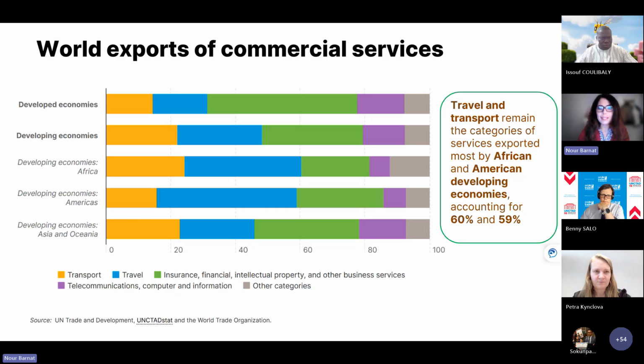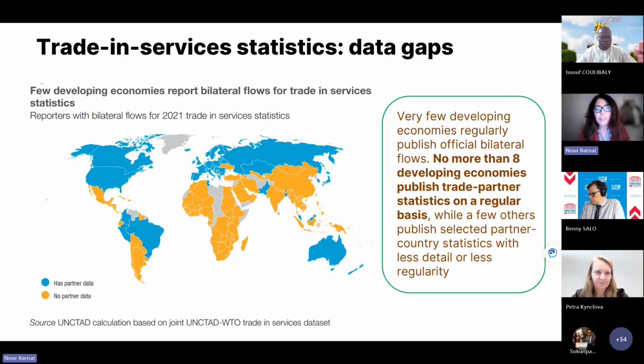That said, there are still data gaps in other categories of services, which might impact the data that we are seeing. Indeed, few developing economies report bilateral flows for trade in services statistics. As you see in this map, the orange is no partner data available, and blue is partner data available.